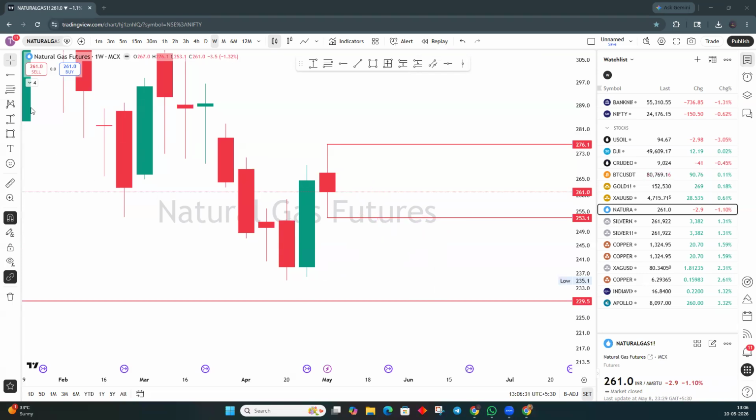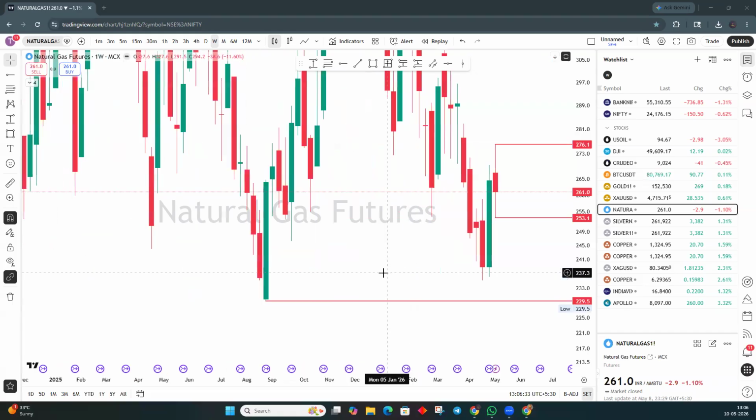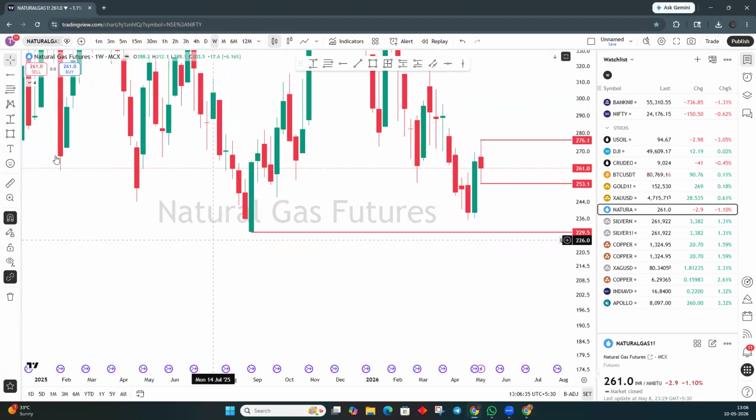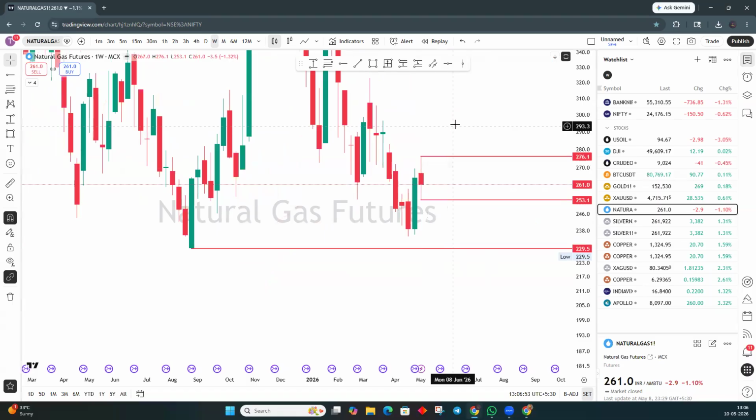The previous swing low we have still not mitigated, and this low can be taken since the market has already come to this area. So sooner or later the market will try to take the liquidity of 229 in natural gas. So this week the view will be the same, sell on rise in natural gas.